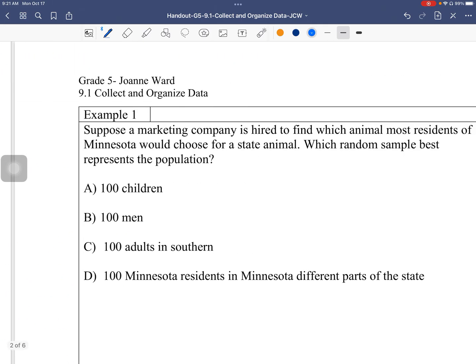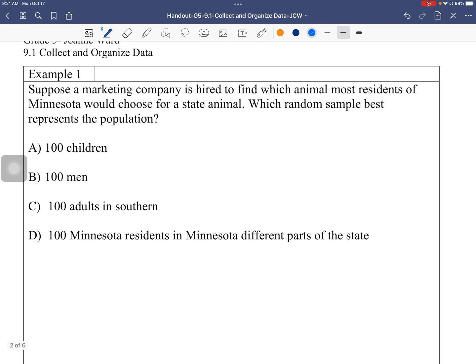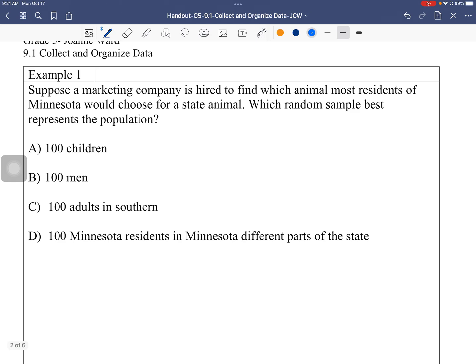So example 1. Suppose a marketing company is hired to find which animal most residents of Minnesota would choose for a state animal. Which random sample best represents the population? A is 100 children. B is 100 men.